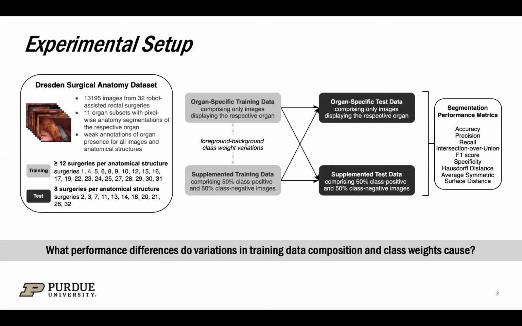Our aim with this work was to empirically investigate these two consequences caused by the data composition and training parameters using the Western surgical anatomy dataset. Okay, so I'm going to show some experiment results.